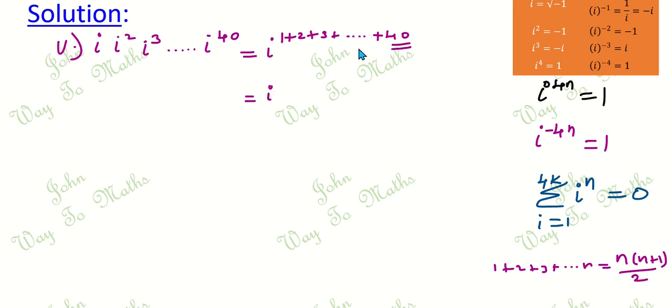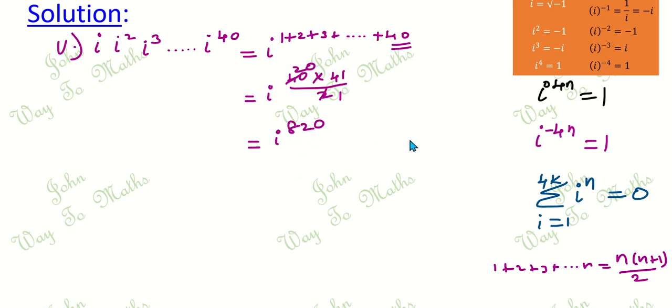Here n is 40, so add 1 to it: 40 into 41 whole divided by 2. Cancelling, 1 2 is 20. So 20 into 41 becomes i power 820.